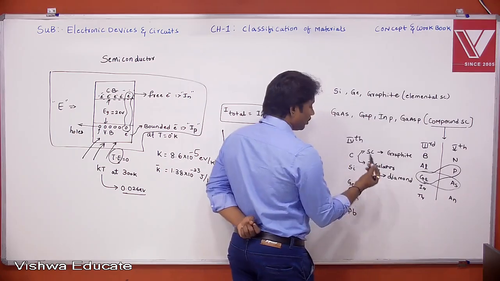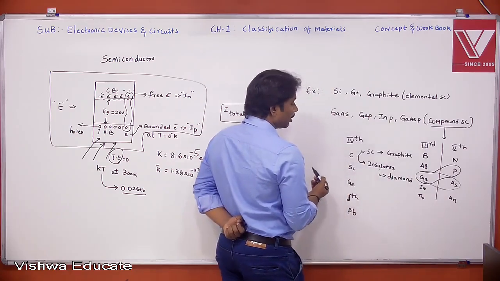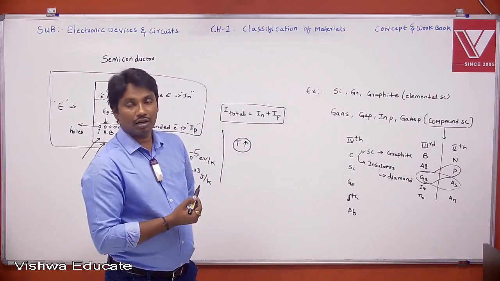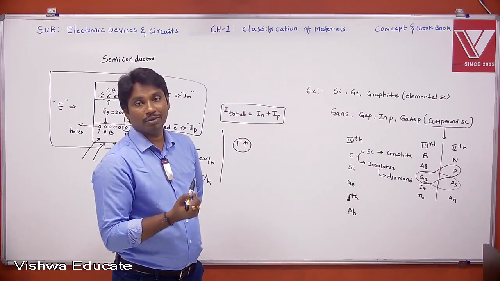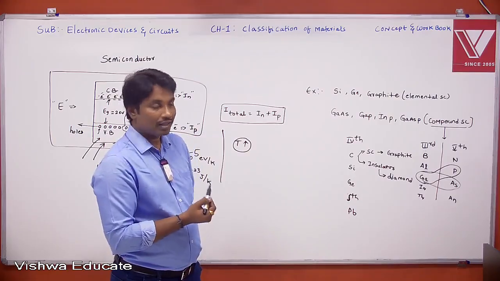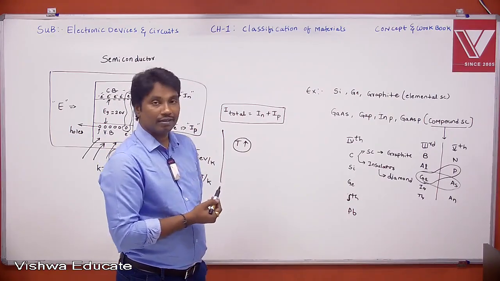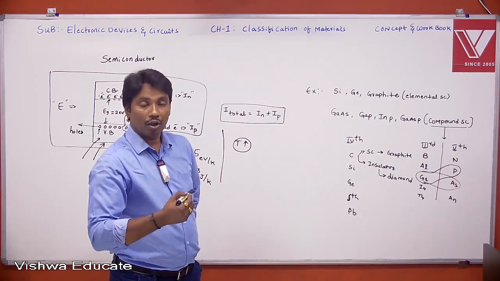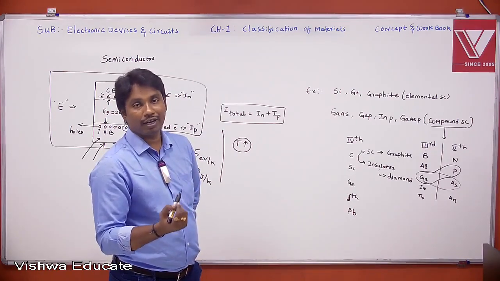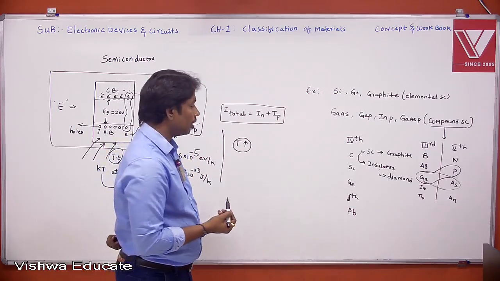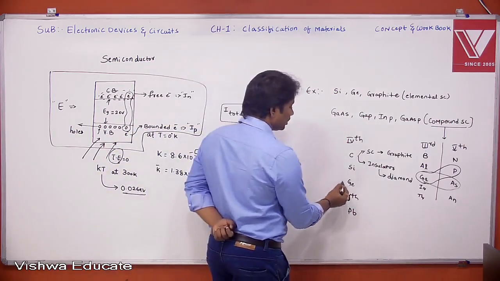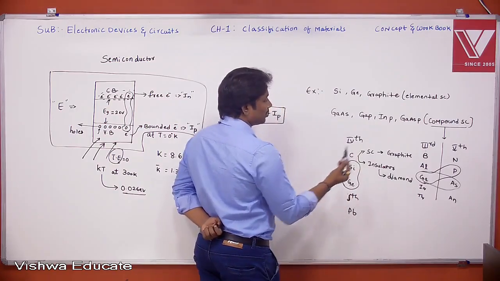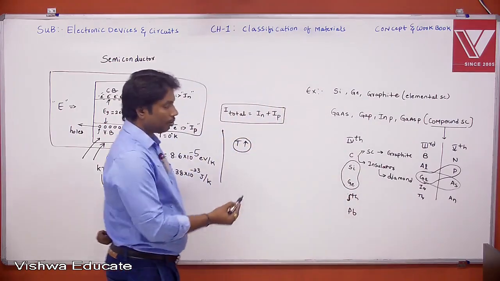Even though carbon acts as a semiconductor, we cannot prefer it because carbon has unstable behavior. We cannot prefer it as a semiconductor, meaning we are not using it for manufacturing electronic devices. Only two materials are used, silicon and germanium. These are called elemental semiconductors. Right. Copy this one also.